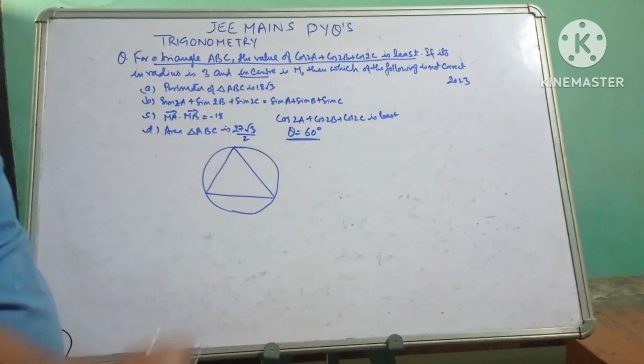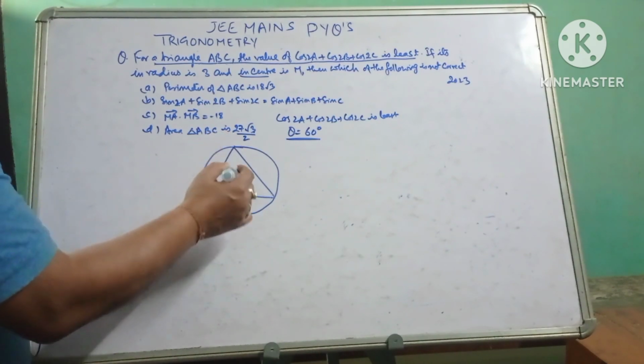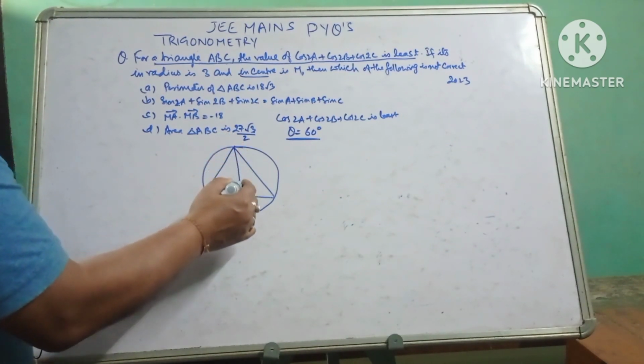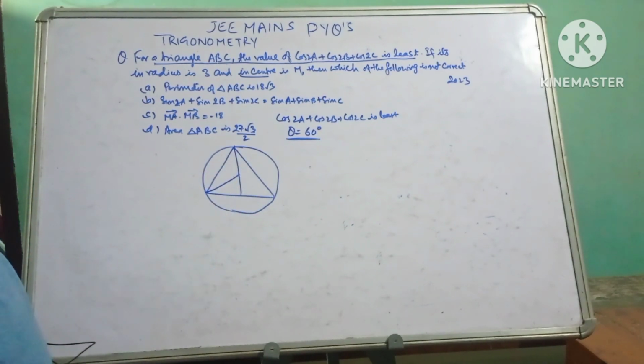The in center is where the angle bisectors meet. This is the in center.